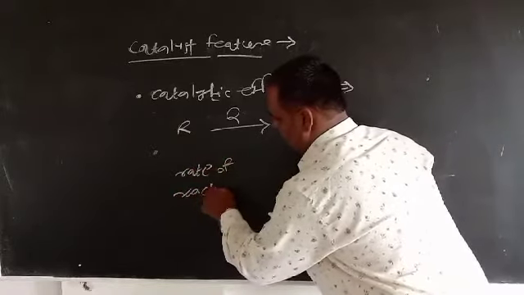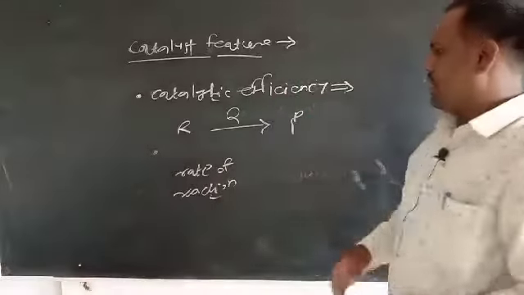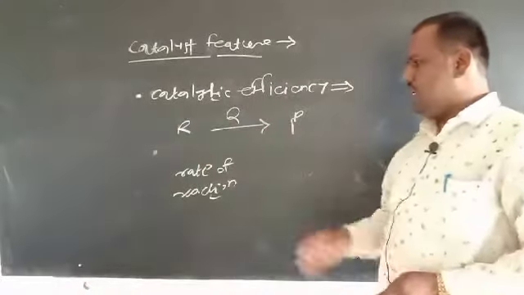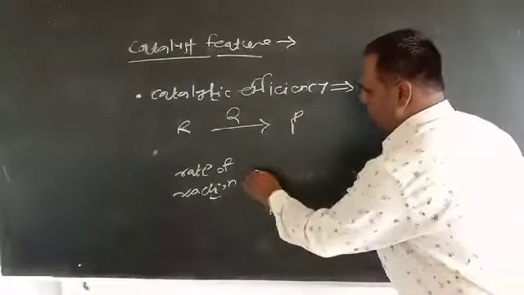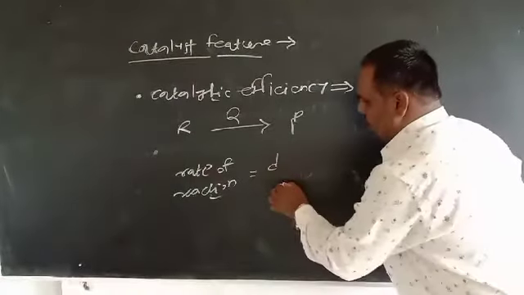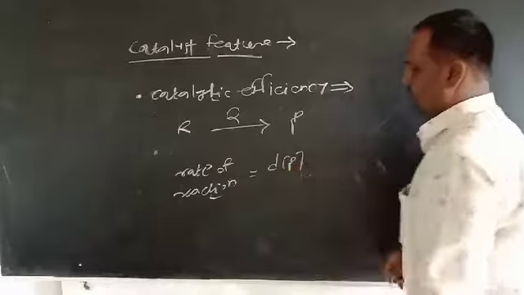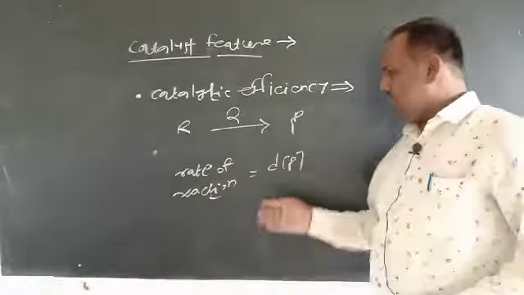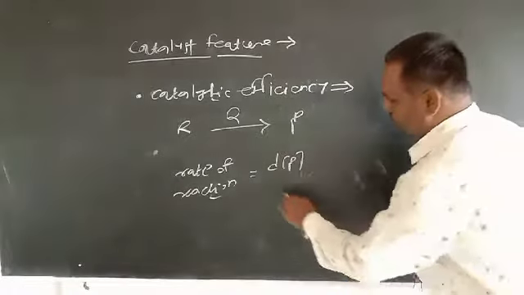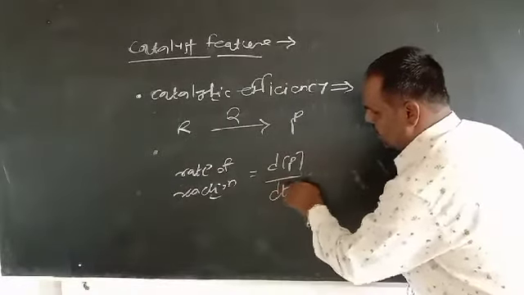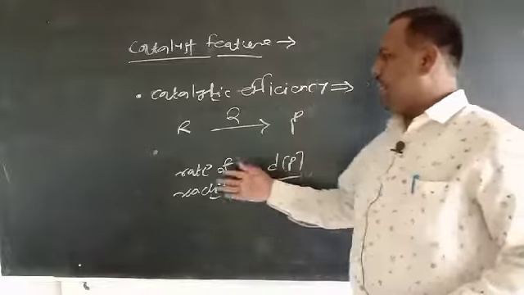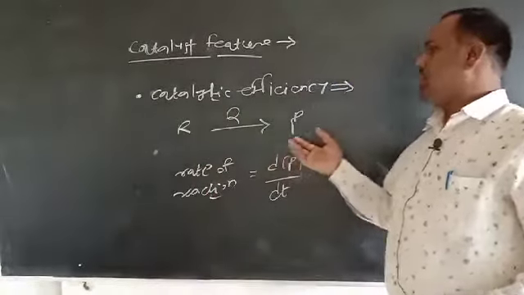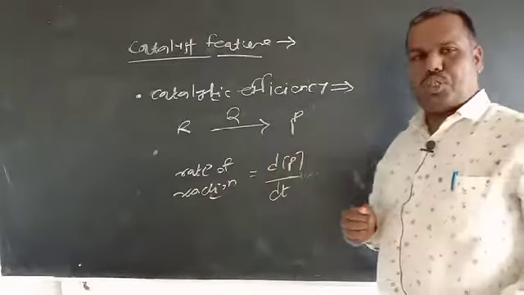For this reaction, rate of reaction, that is reactant R is converted into product. So rate of reaction is equal to the concentration of product per unit time. So we can say that rate of reaction is equal to the rate of consumption, which is equal to the rate of formation of product.